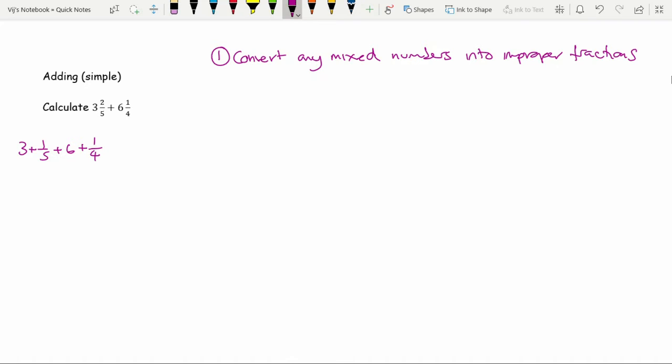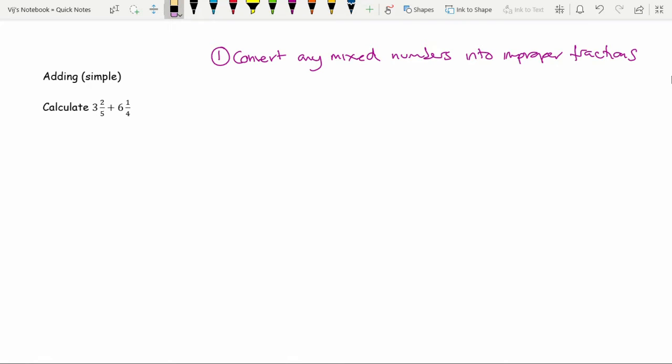When we're adding, the order doesn't make a difference, so 2 plus 3 is the same as 3 plus 2. So I could add 3 plus 6 plus 1/5 plus 1/4, and then work out what this is, and add that to the 9 that I get from adding 3 plus 6.